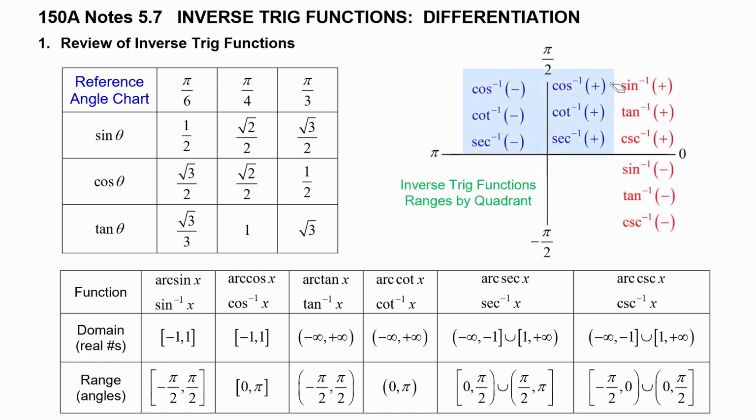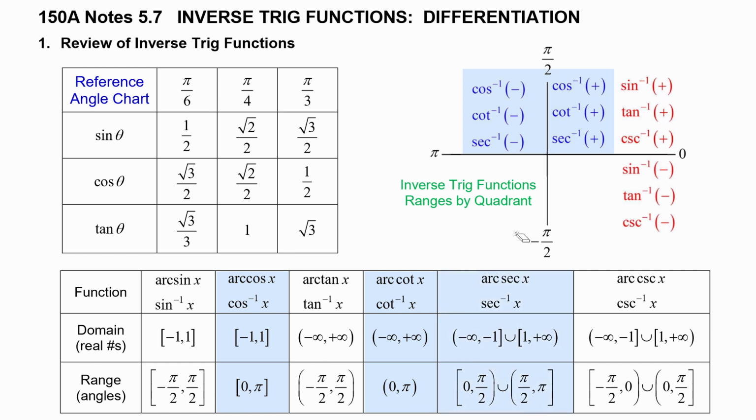So cosine inverse, cotangent inverse, and secant inverse essentially live in quadrants 1 and 2 from 0 to pi. You can see cosine inverse lives 0 to pi for its output values. Cotangent inverse lives 0 to pi, just not including the endpoints, 0 or pi.